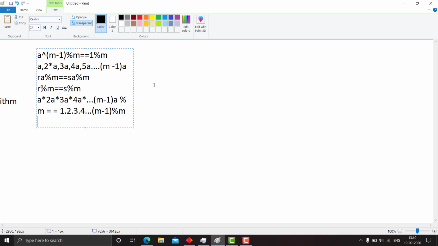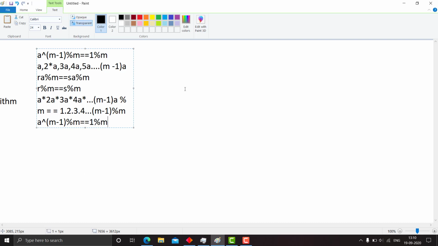That means dividing both sides by m minus 1 factorial, hence proved.